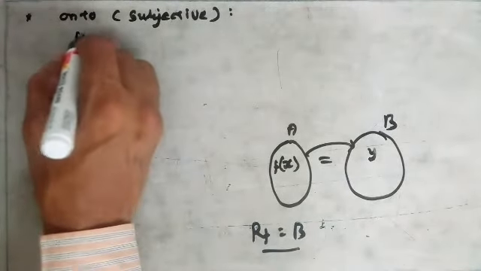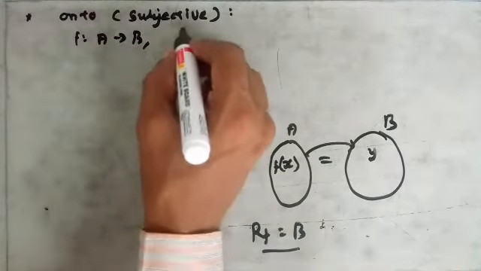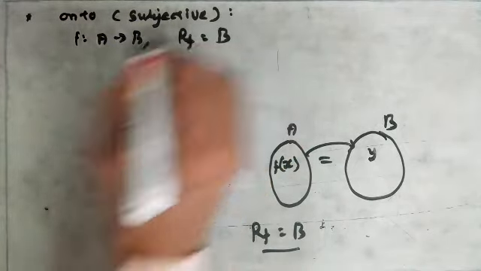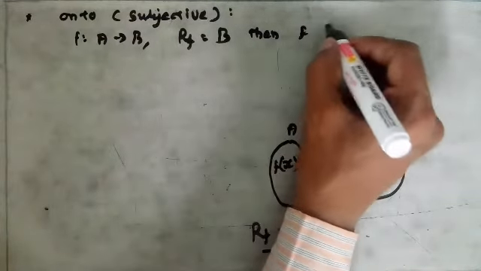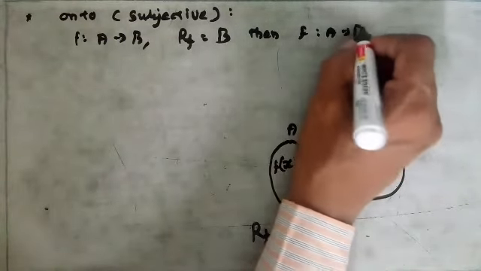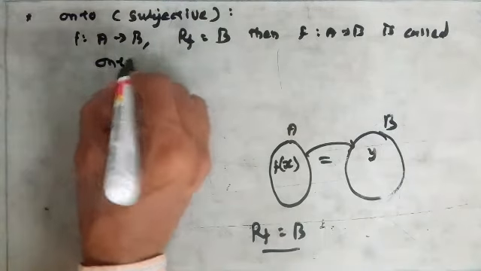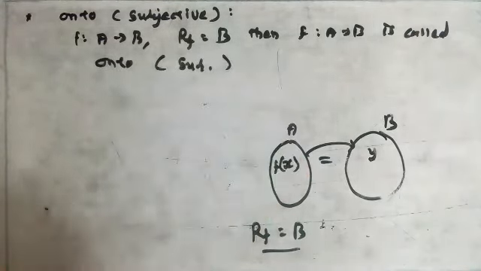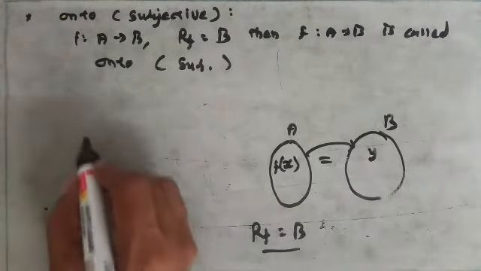For a function f: A to B, if the range of f, Rf, is equal to its codomain B, then f: A to B is called onto or surjective function. Clear this? So remember this onto function.